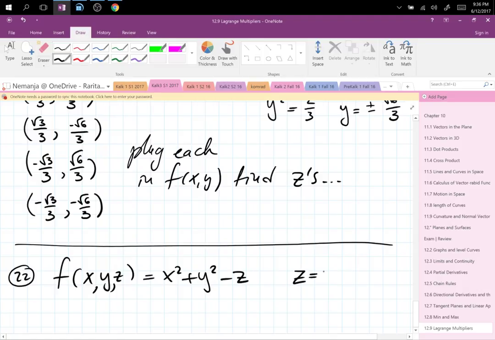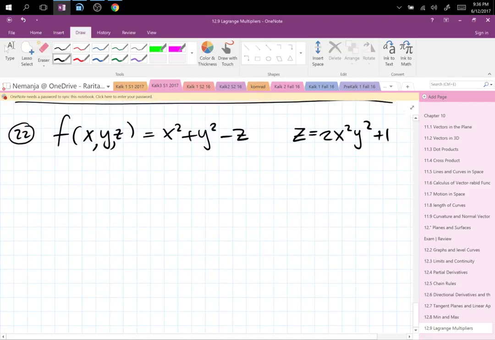And the constraint is z equals 2x squared y squared plus 1. You need 3 partial derivatives.